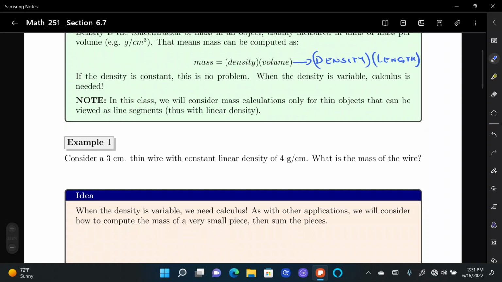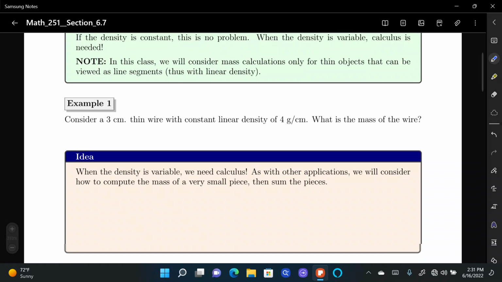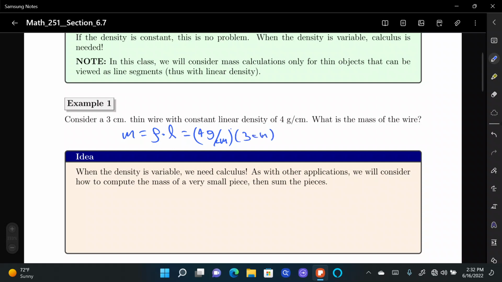So whenever the density is constant, if we consider a 3 centimeter thin wire, which for the simplest case is copper, or any other metal that is a good electricity conductor, it's copper evenly, so the density has to be the same all the time. So mass equals the density times the length, and the density in this case is 4 grams per centimeter times 3 centimeters.